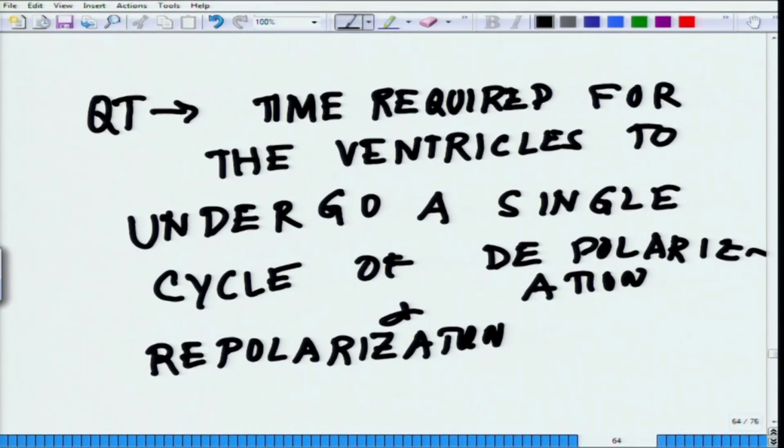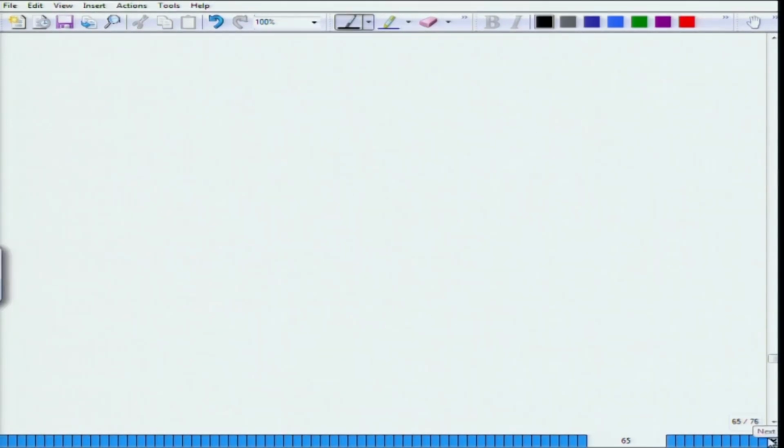And what is the PR interval? Let me come back.